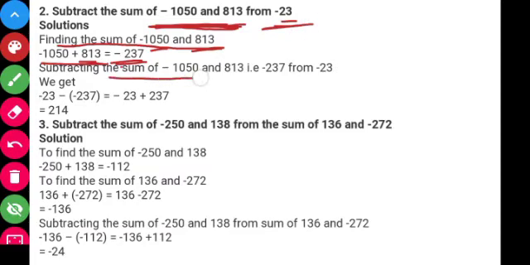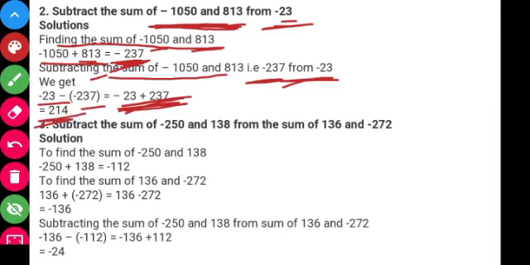So we get minus 23 minus minus 237, that will be minus 23 plus 237, which is equal to 214. Understand? Because here both have different signs, so we have to subtract and put the sign of the bigger one. The bigger one is 237.